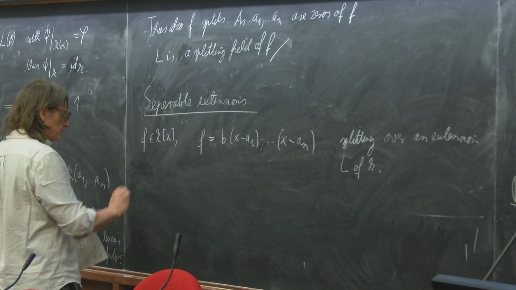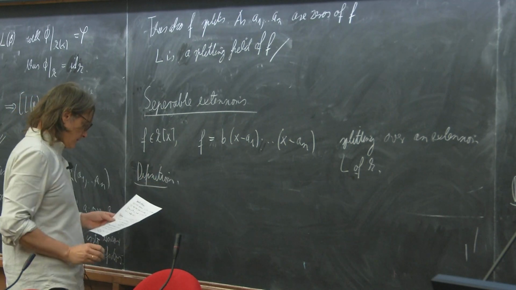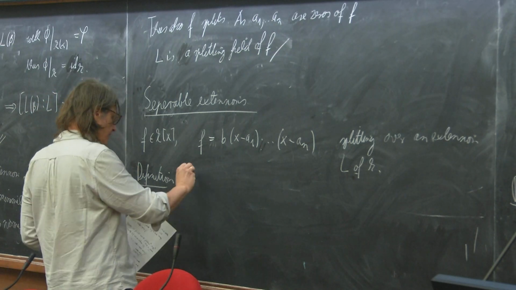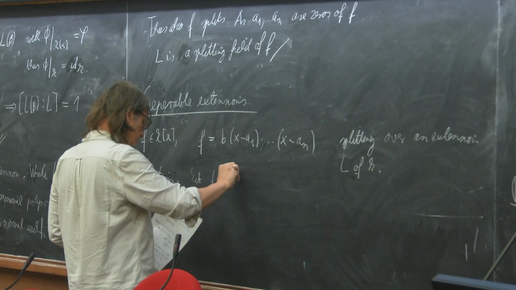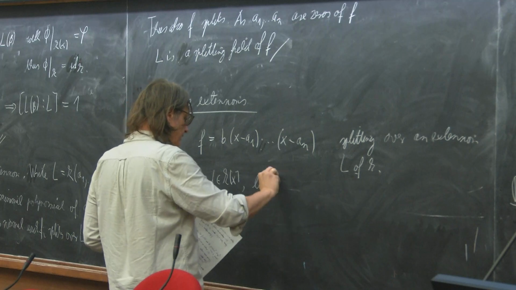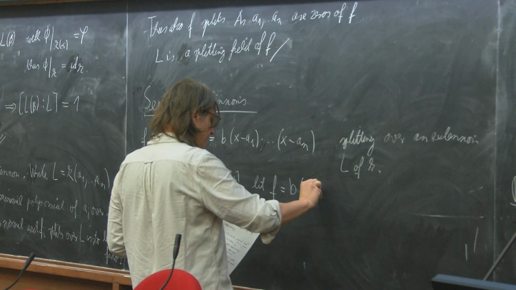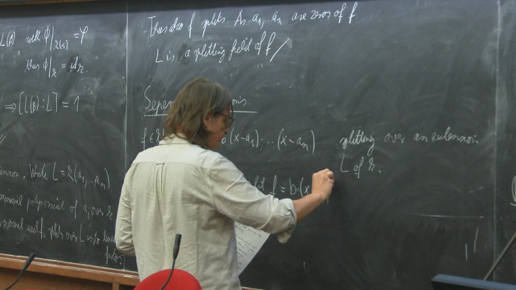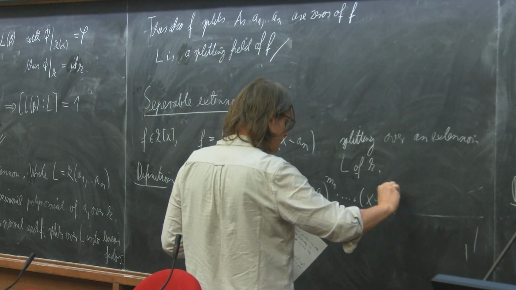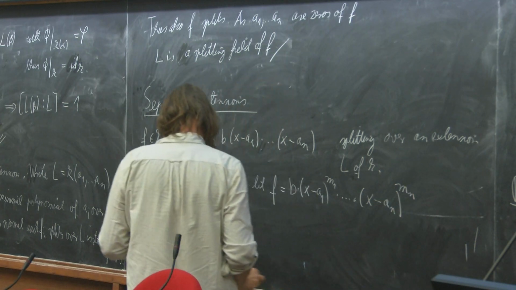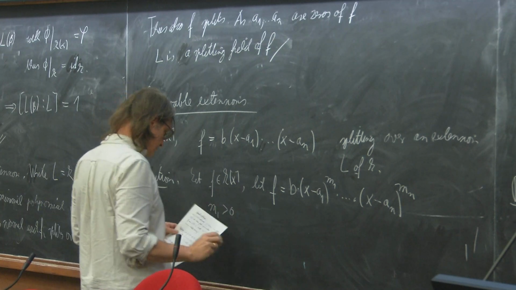So let me first say what a multiple zero is, a definition. Let F in K[X], and we can write F equal to B times (X minus A1) to the M1 times ... times (X minus AN) to the Mn with Mi positive integers.